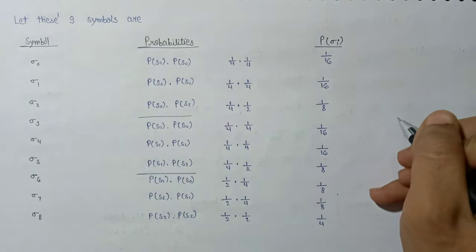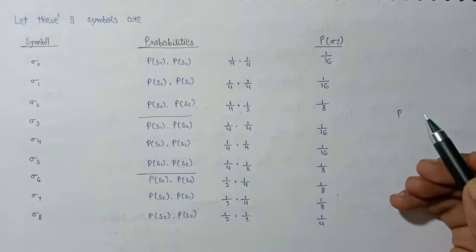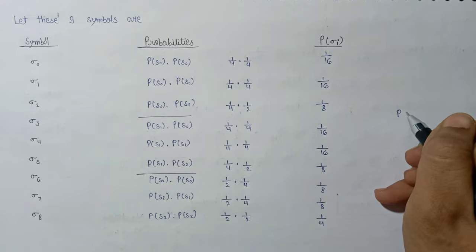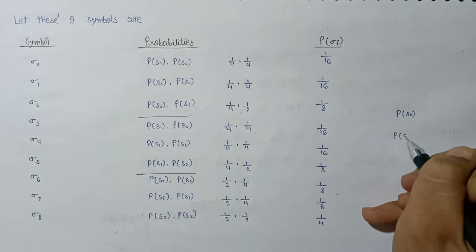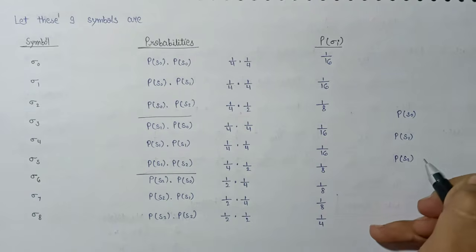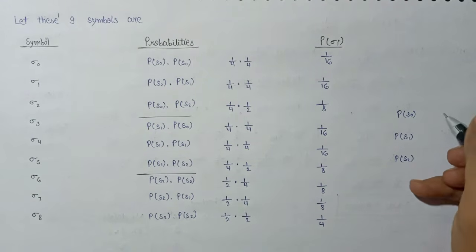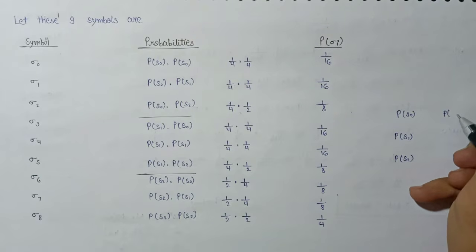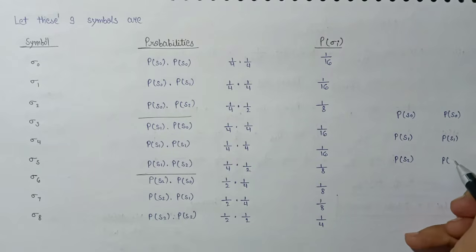First of all, here we have the 3 probabilities, that is P of S0, P of S1 and P of S2. These are the 3 probabilities that are given to us in the question. So let's rewrite them: P of S0, P of S1 and P of S2.